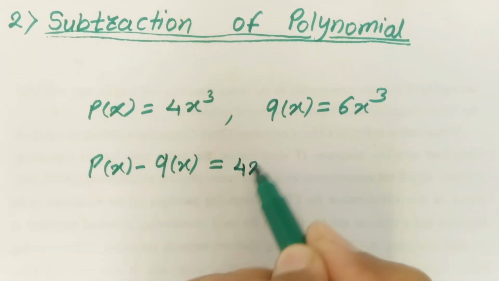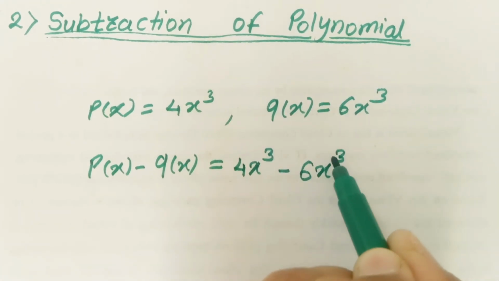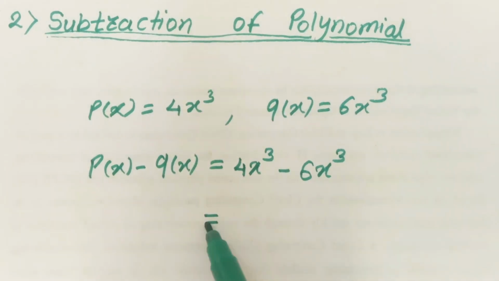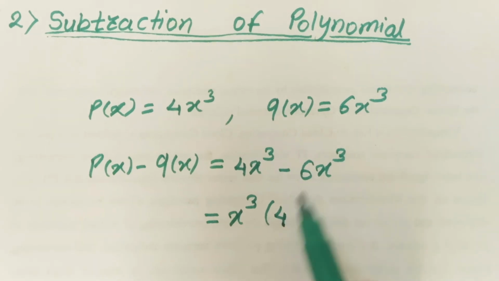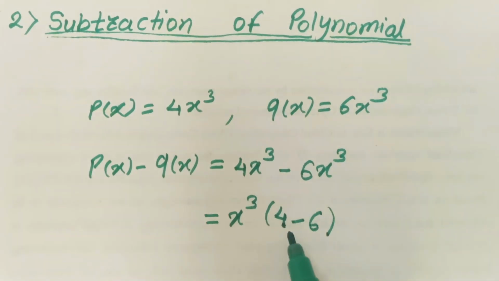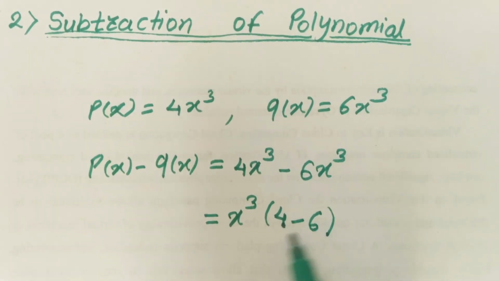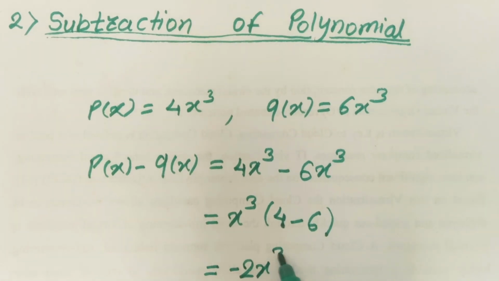That p of x means 4x cube and q of x is 6x cube. Here in the first and second terms x cube is common, so here x cube is common. In the first term 4 remains, in the second term minus 6. Here subtract, 4 minus 6. We know that the subtraction is minus 2. Here it is minus 2x cube.